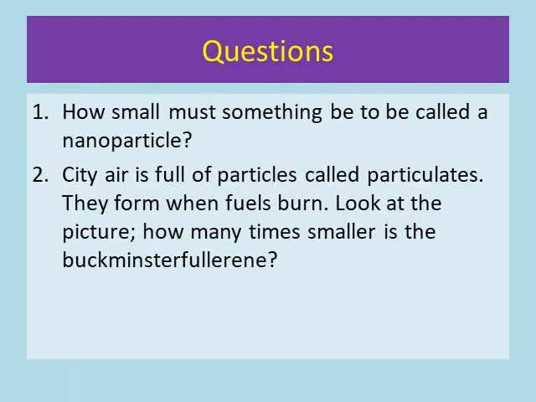So a couple of questions for you now. Number one, how small must something be to be called a nanoparticle? And number two, city air is full of particles called particulates, which form when fuels burn. If you look at the picture, which is about to come up in a second, can you work out how many times smaller Buckminster fullerene is than a particulate? So here's the picture.